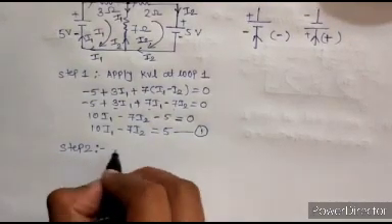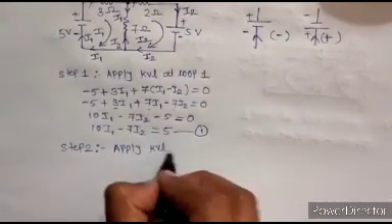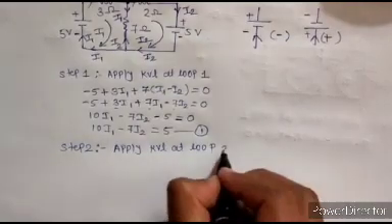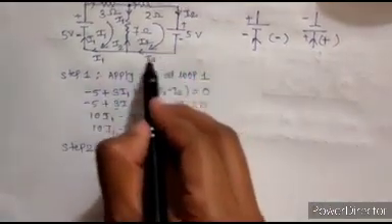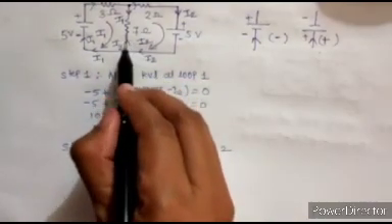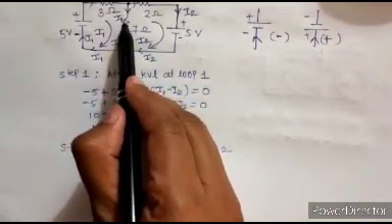Now step 2, apply KVL at loop 2. In loop 2 we can see that the current I2 flows in the 7 ohm resistance, but here I1 also flows.